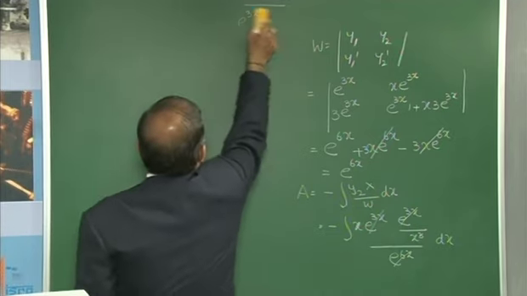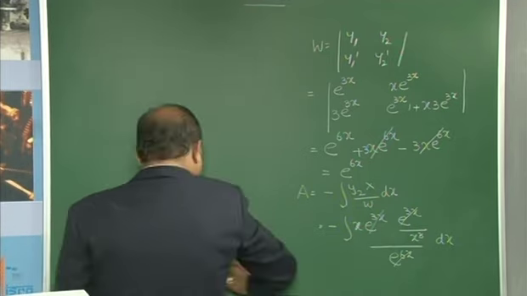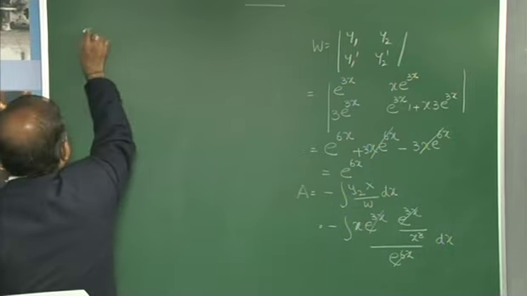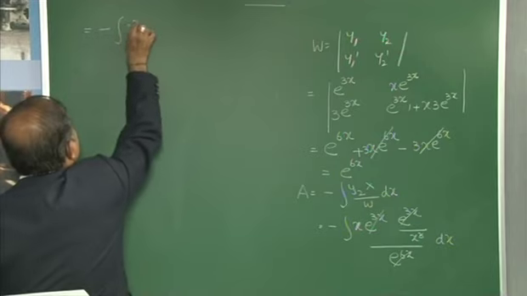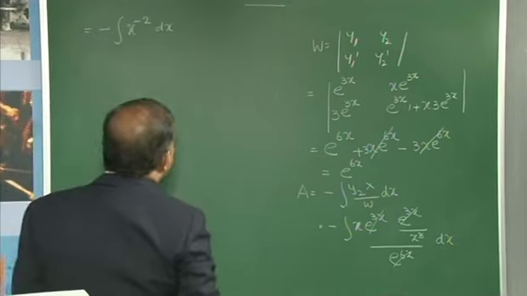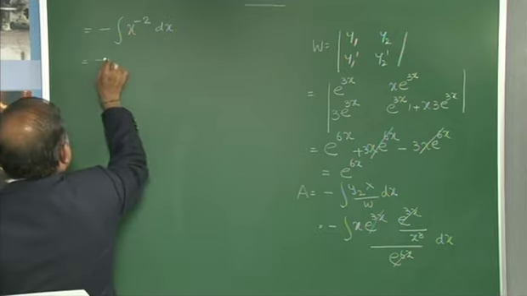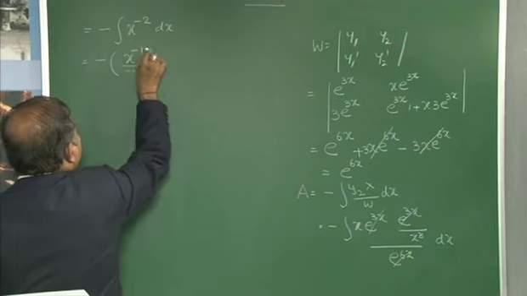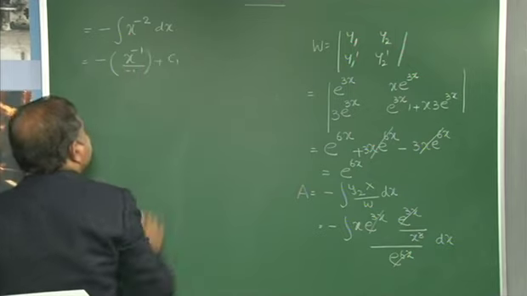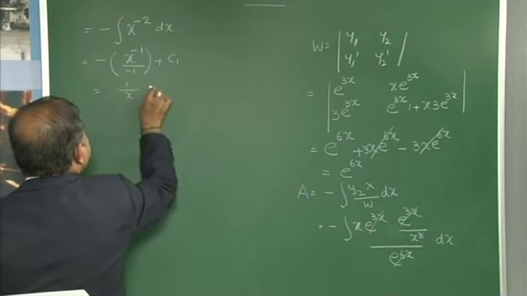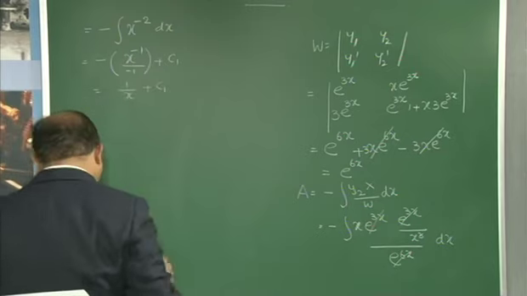So, in the denominator I have x square, let me take it to the numerator, minus integral x power minus 2 dx. Apply the formula x power n. So, x power minus 1 by minus 1 plus c1. So, minus gets cancelled, 1 by x plus c1.